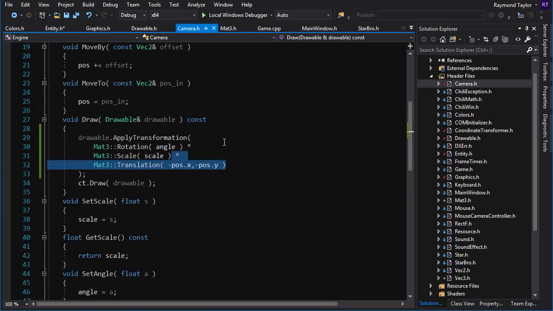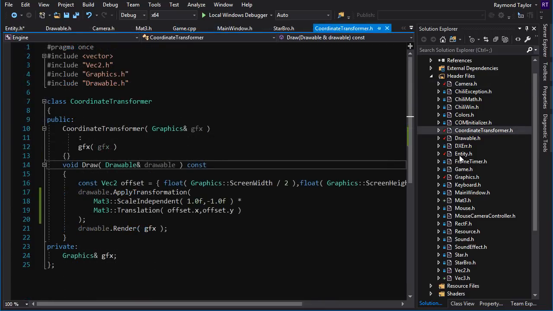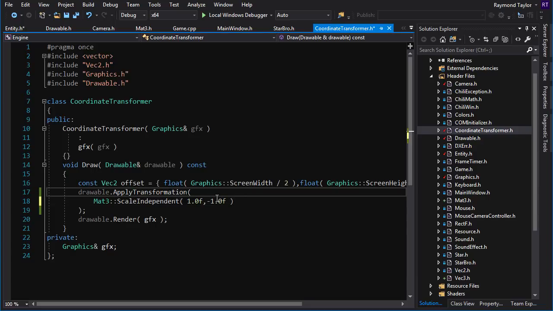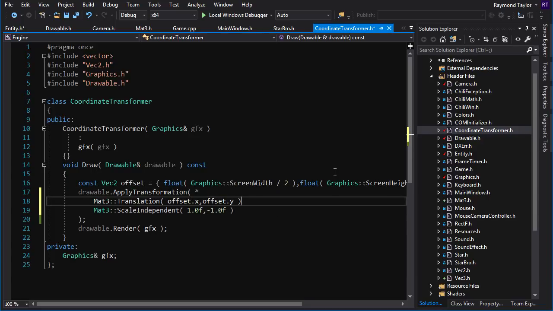We fix the order here in the camera, and in the coordinate transformer, we put the translation first, because first is last. As you can see, this can get confusing and it's easy to mess up. So try to keep it in mind that the last one happens first. They happen in reverse order.